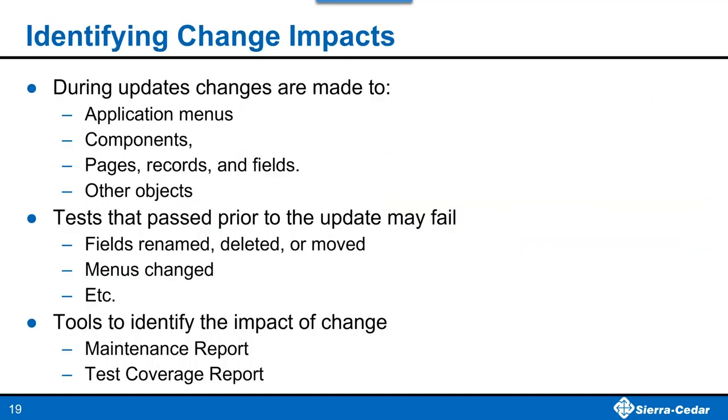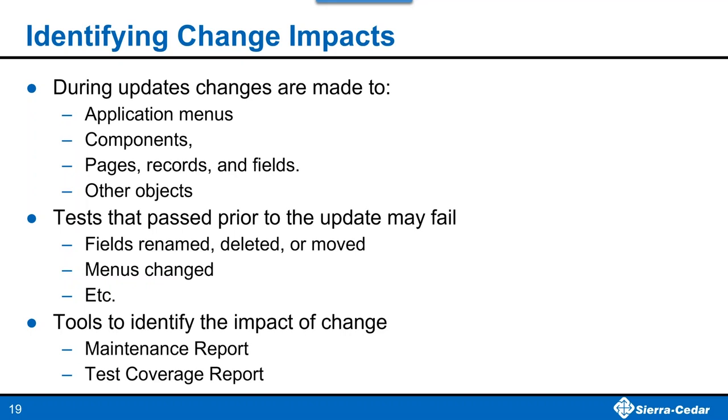So during the updates, changes are going to be made to application menus, components, pages, records, fields, any other objects. There could be a whole broad brush of objects that are going to be changed. And tests that passed prior to the update may fail after the update because fields are renamed, deleted, or moved.